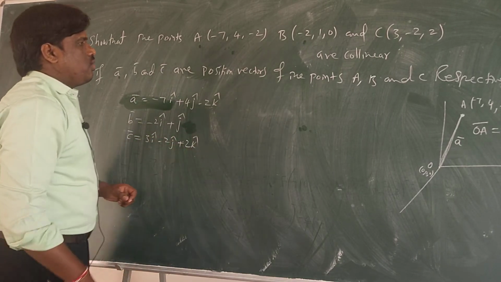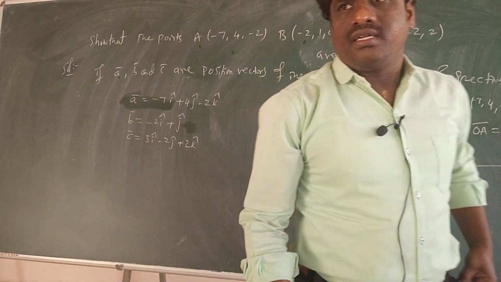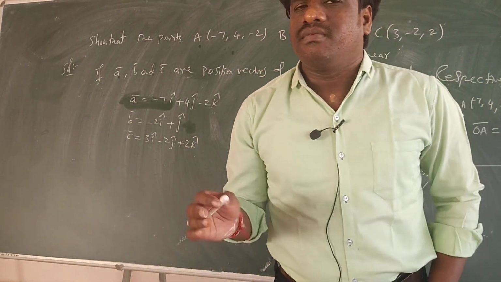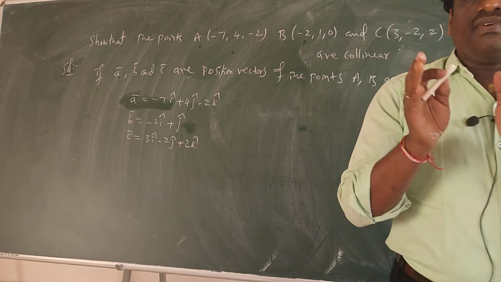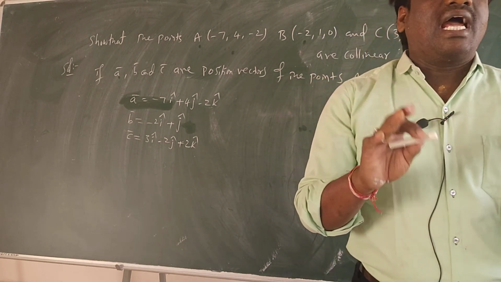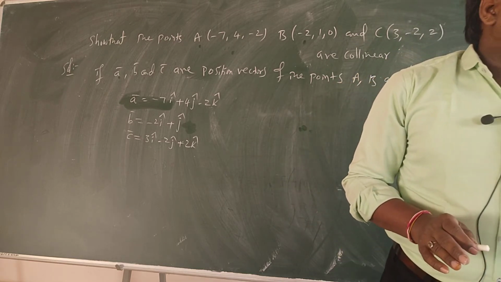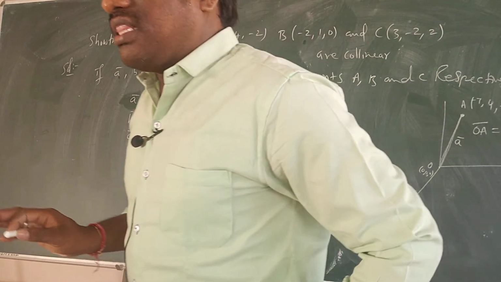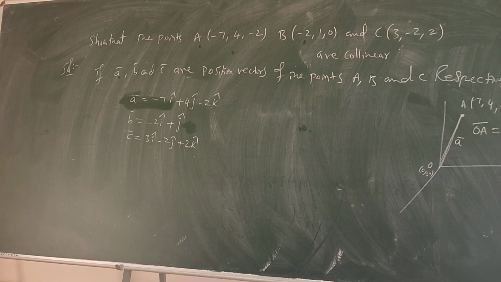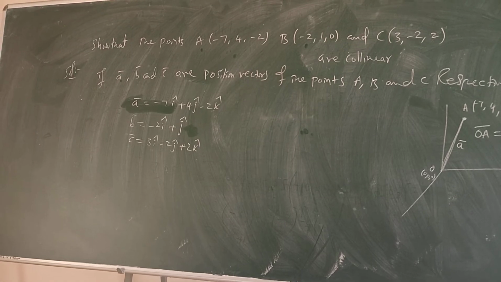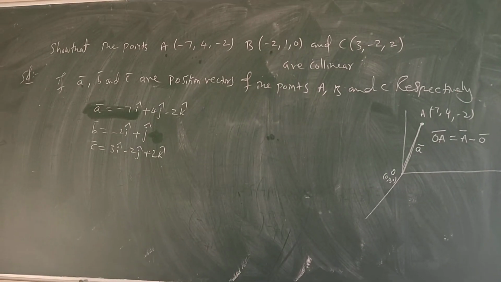I told you, when vectors are collinear, if one vector is expressed as some lambda times another vector, then the vectors are collinear. Understood? Collinear, I said yesterday. So what do you have to do now? See here.